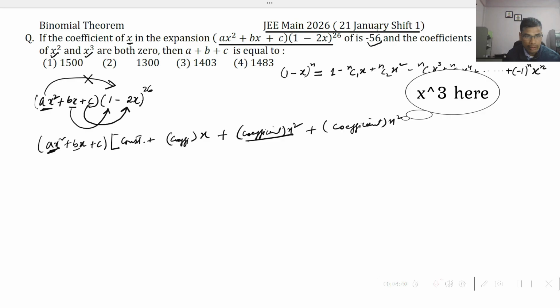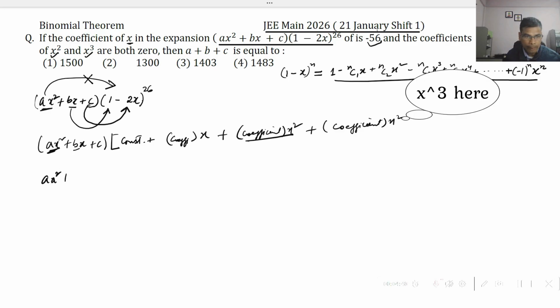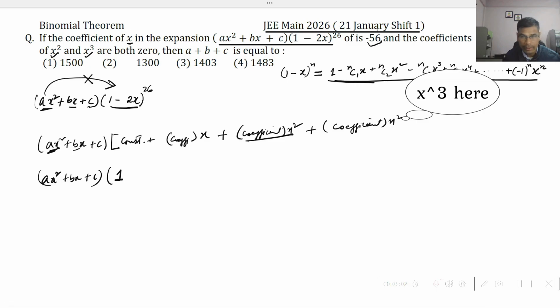So let me expand this partially, up to the terms we need. ax² + bx + c. The constant in the second factor, by the binomial theorem, is 1. Next, the term which contains x should be minus nC1 x. Here n is 26.